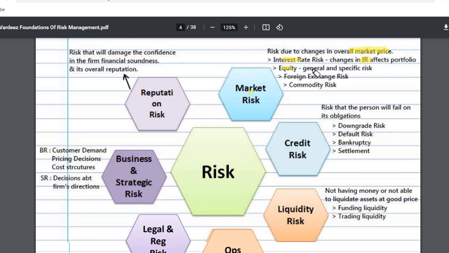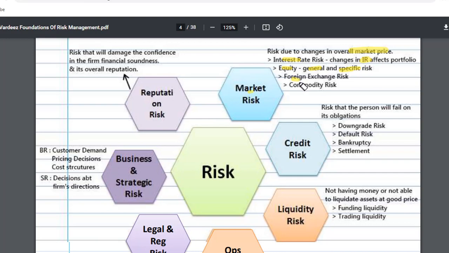General is, for example, when an entire asset class goes up, your portfolio or your individual stock will also go up. So that's the general risk. If the individual stock is going down, but the overall asset class is pretty much stable, that's a specific or company specific risk. Foreign exchange risk: you are about to receive a lot of payment from abroad.